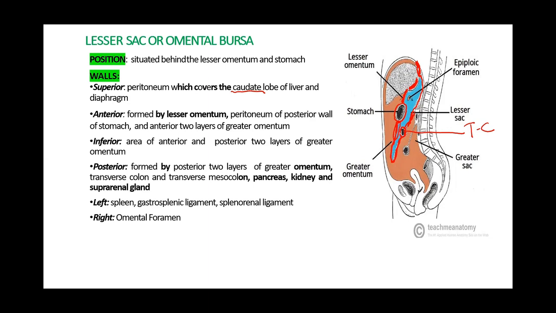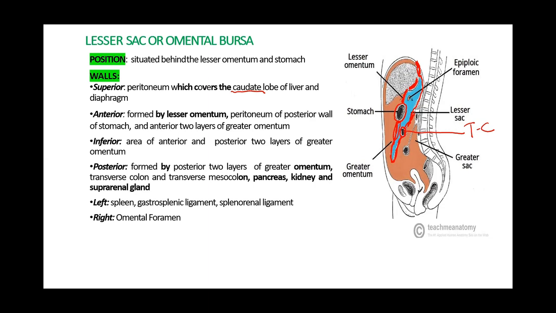So, anterior border is formed by the lesser omentum, peritoneum of the posterior wall of the stomach, and anterior two layers, because these are double layers of the omentum. These layers are doubled.